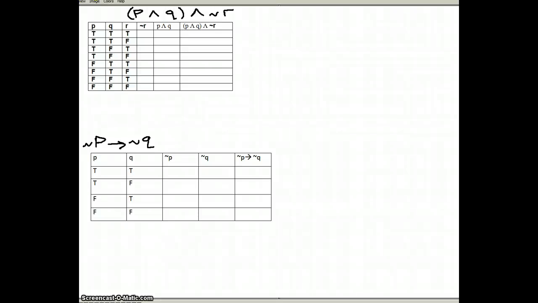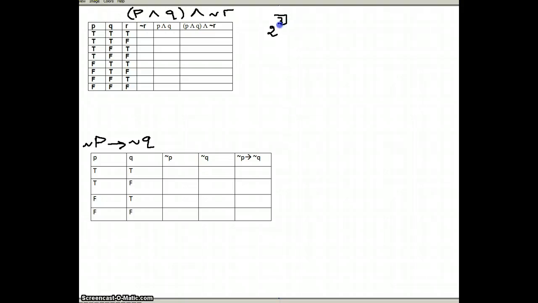Okay, let's go over constructing a truth table for the following compound statement: P and Q between parentheses and not R. The best way to start this truth table, since we have P, Q, and R, which means we have 3 statements, then the number of rows should be 2 to the power 3.